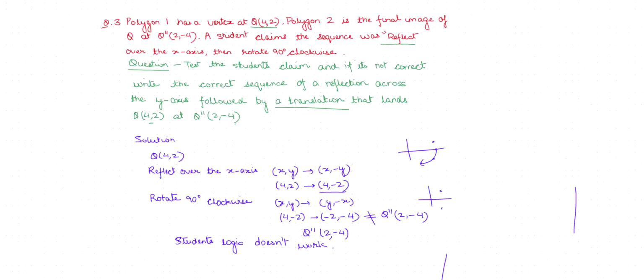The question says that if the student's logic is not correct, then write the correct sequence of reflection across the y-axis followed by a translation. So we have to first do reflection across the y-axis and then find the translation that will land it from (-4, 2) to (2, -4).